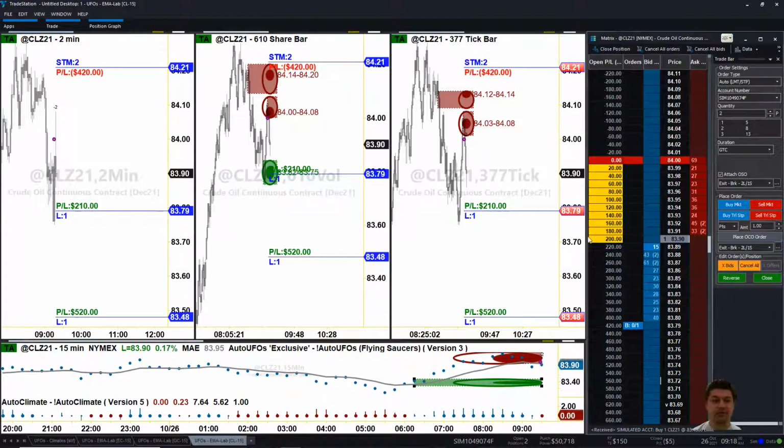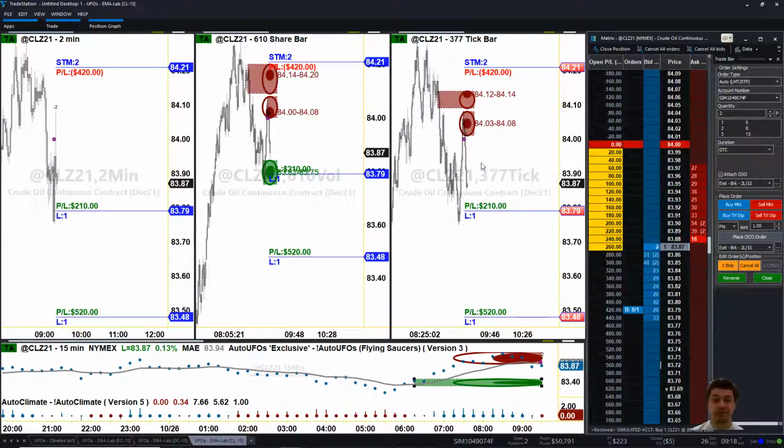That's what we want to see. T1 is at a nice spot here where it rallied from, which will be good to get a T1 fill here, and then we can actually move our stop already to 84.09. So that would make this a guaranteed profitable trade.